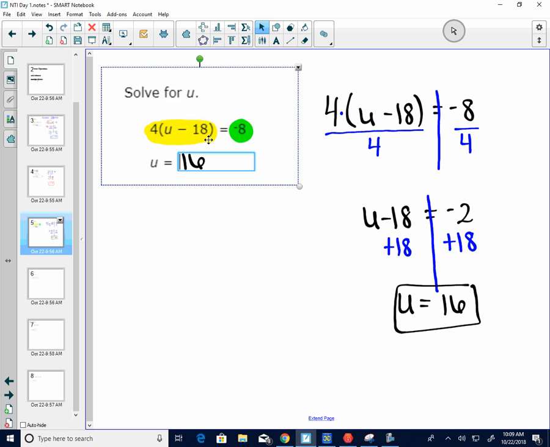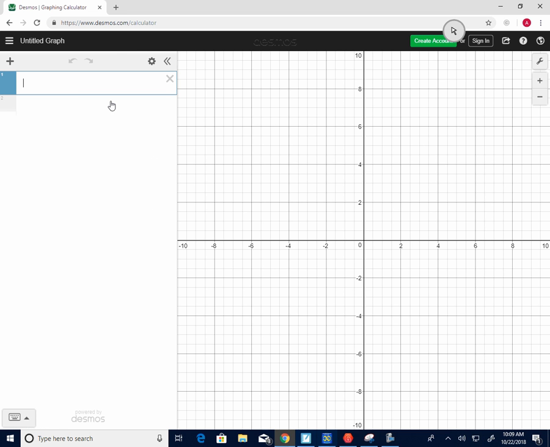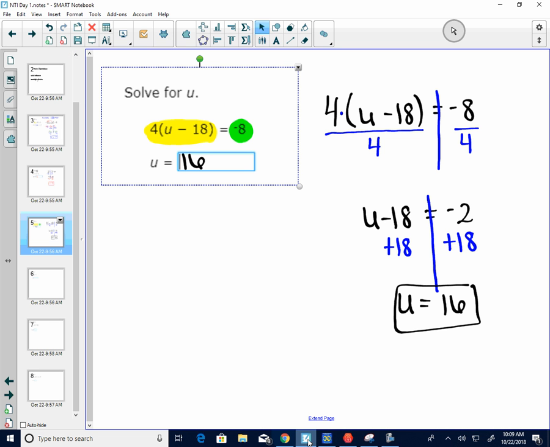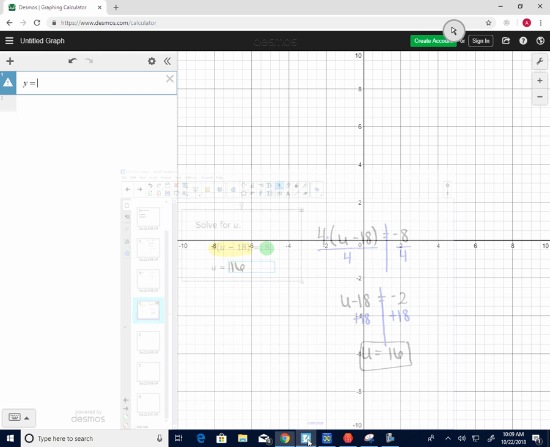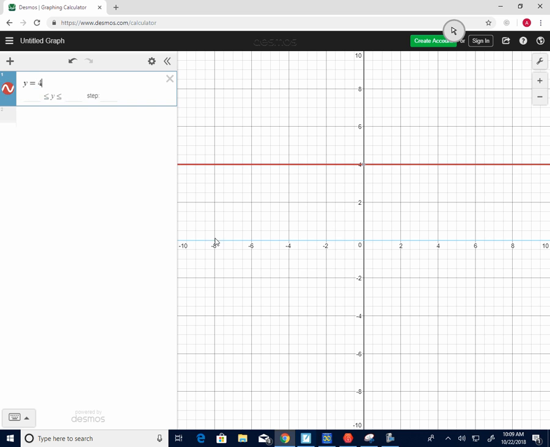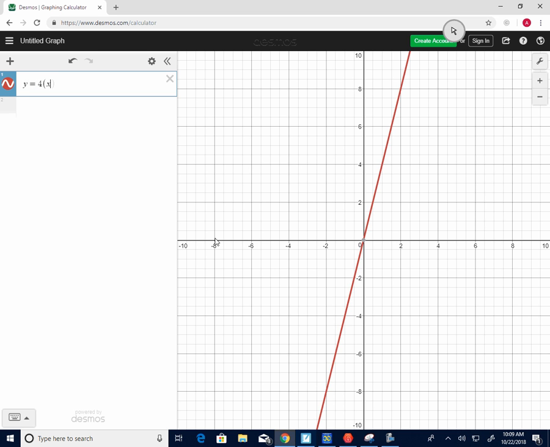When I type it in the graphing calculator, I change the variable, any variable, to an x. So when I type this in, I should type it in as y equals 4 parentheses u minus 18. Remember changing that u to an x.